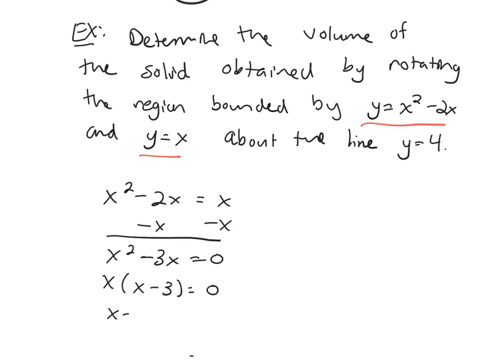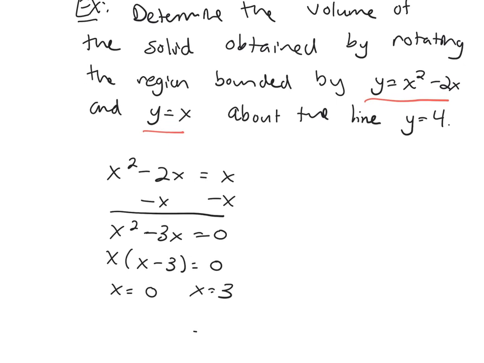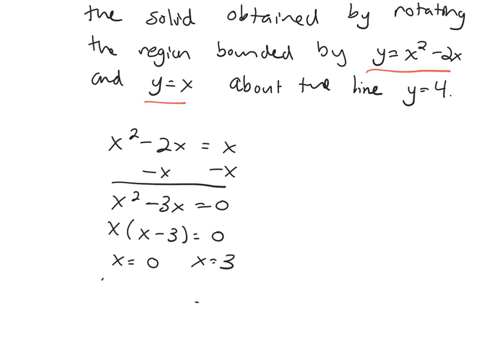So it looks like I'm getting two solutions, x equals 0 and x equals 3. Now these should give you points, so if you plug them into either function, you'll get points. If I plug in x equals 0, you'll get 0, so I get the point (0, 0). x equals 3, you'll get (3, 3).